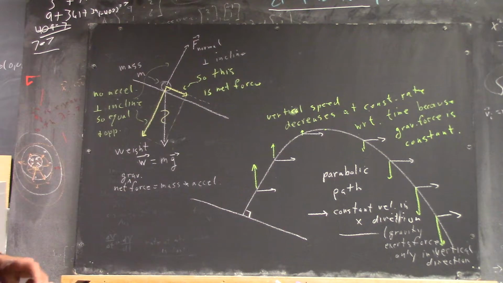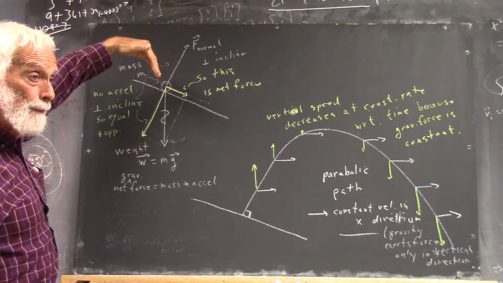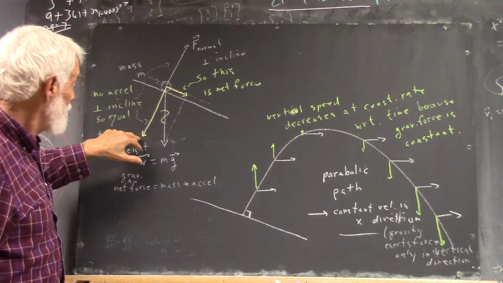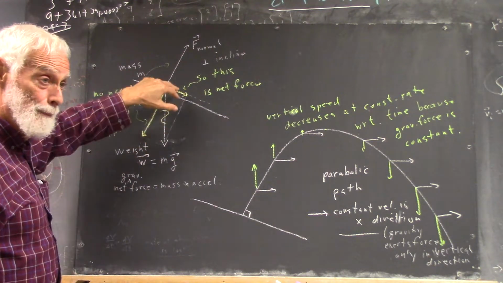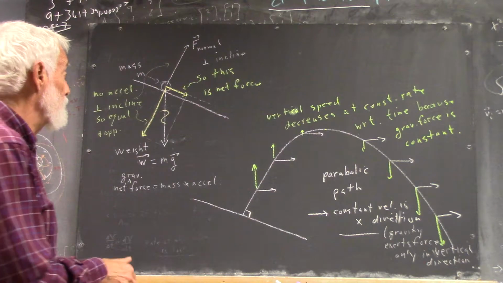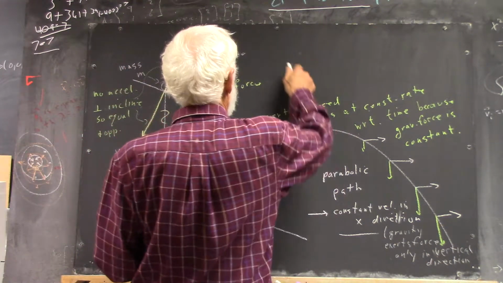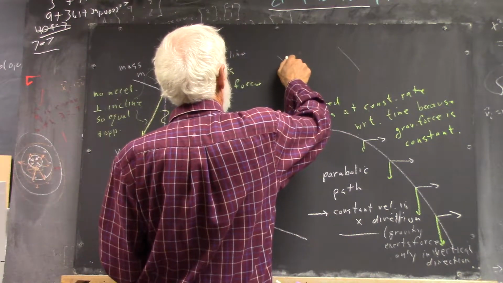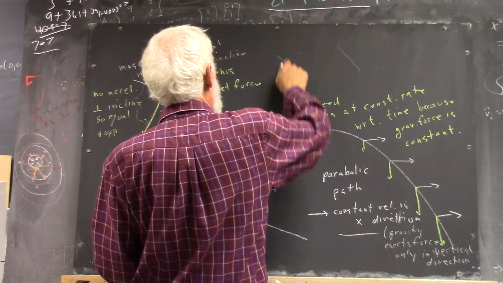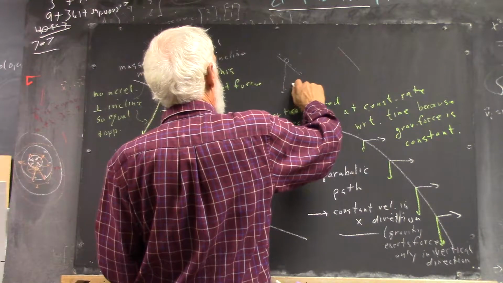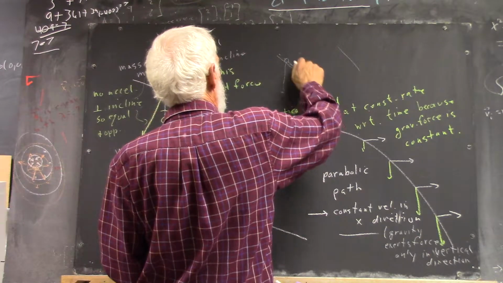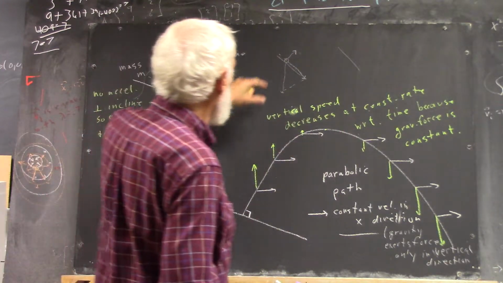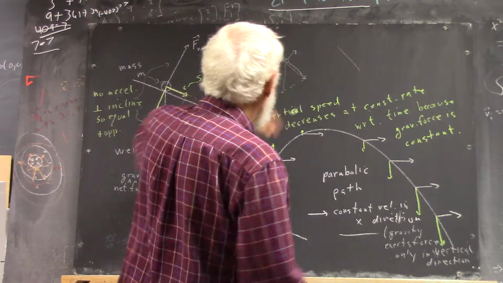Now, if the incline is steeper, then you have to go further out along this line to project this back, right? In other words, steeper and steeper ramps, you get less and less of this and more of this.